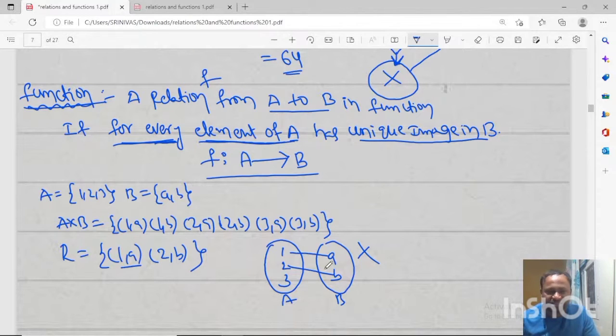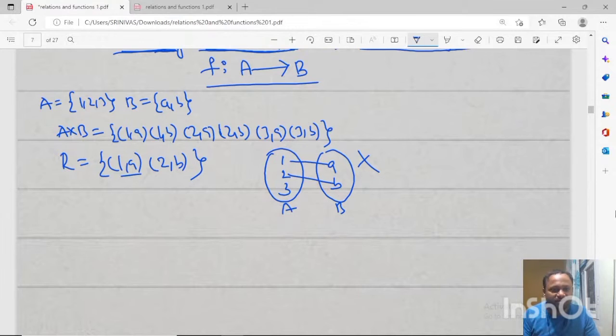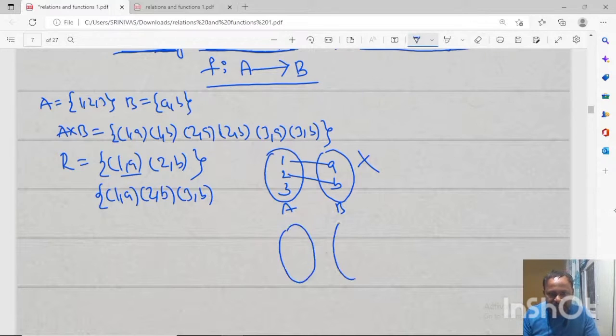Okay. Next, I will take one more: ordered pairs 1a, 2b, 3b. Let us see. 1, 2, 3, a, b.